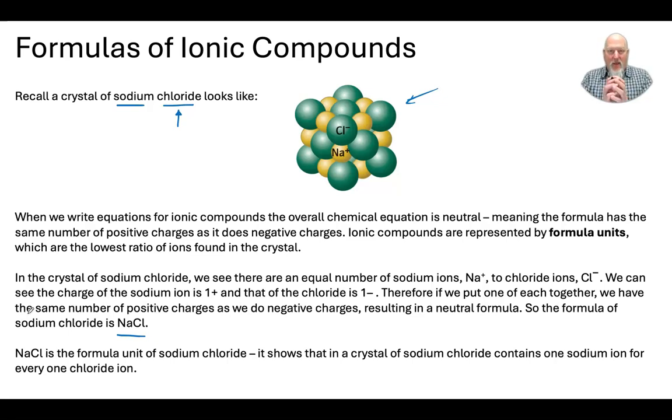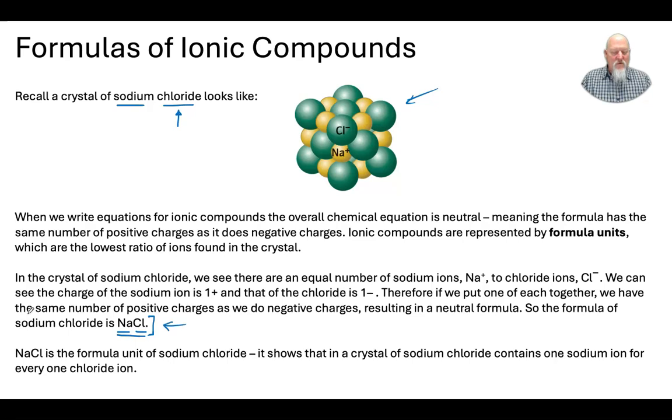Okay, that's what's called a formula unit. NaCl is the formula unit of sodium chloride. It's the simplest form, the lowest ratio of sodium to chlorine. That's telling me basically that in a sodium chloride crystal, there's one sodium ion and one chloride ion.